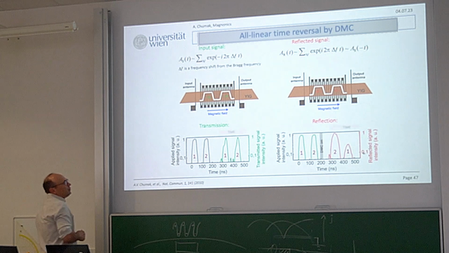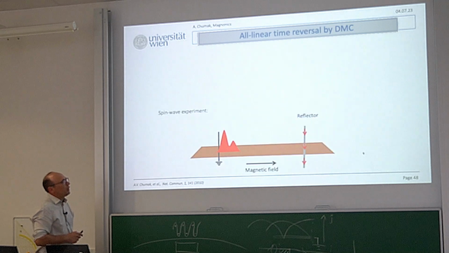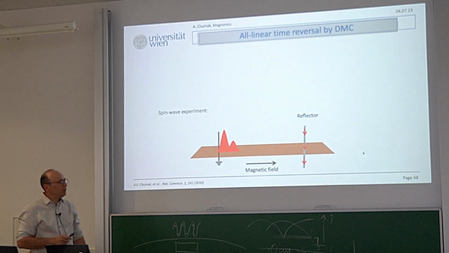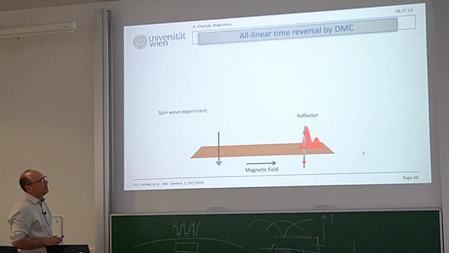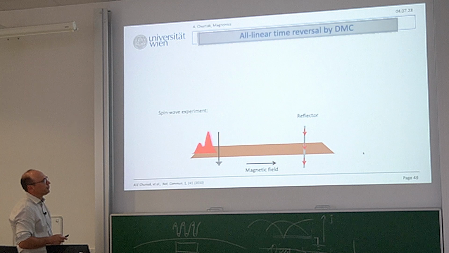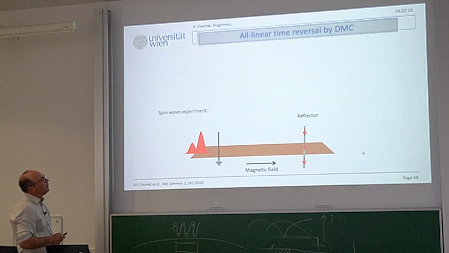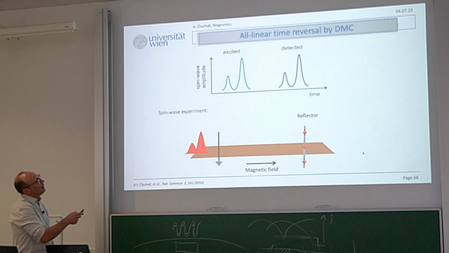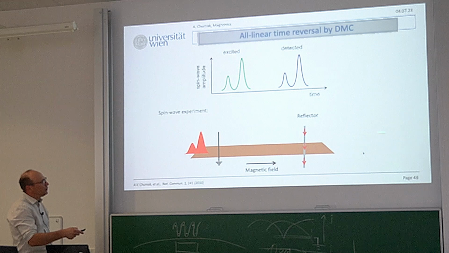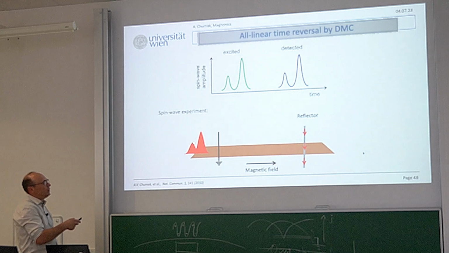And this is very easy to understand simply with this animation. Standard reflection, like you have from a mirror, looks like this. First we had a short pulse and then a long pulse, and it inverts. Now if you plot the excited and detected pulse in terms of time, you started to excite a short pulse, and when it comes back, you start to detect a short pulse.